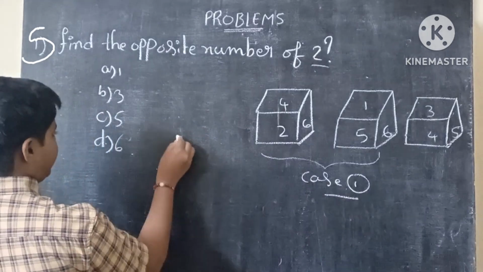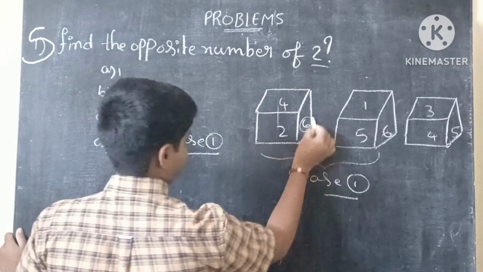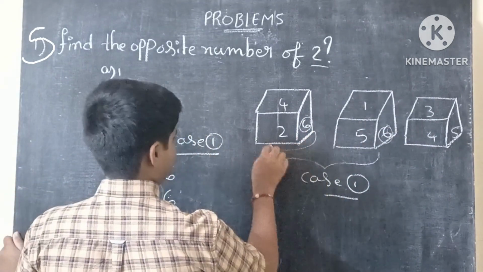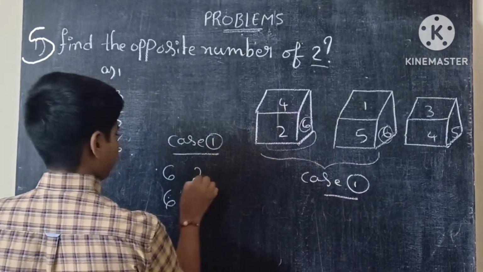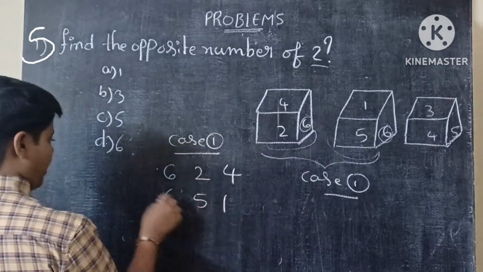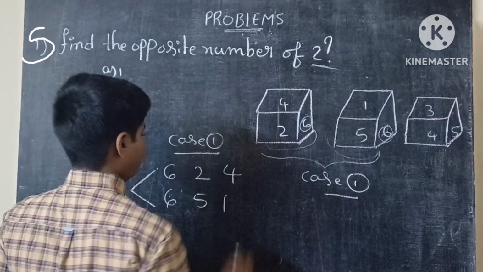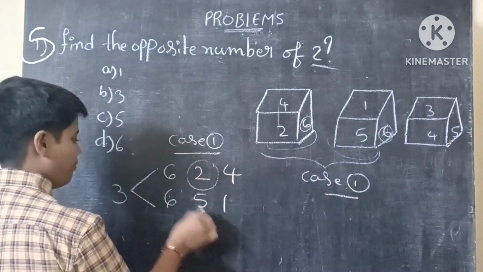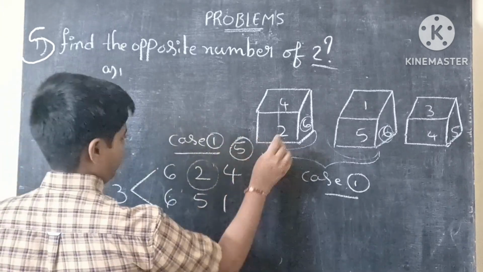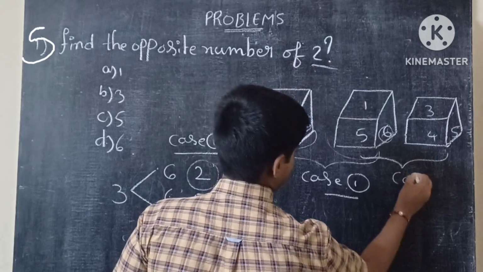Here we have to find the opposite number of 2, and they gave 3 dice. I am taking the first 2 dice as case 1. In case 1, the common number is 6, so write 6, 6, and the clockwise numbers 6, 2, 4 and 6, 5, 1, and the remaining number is 3. Here the opposite number of 2 means 5. So take 5 as the opposite number of 2 in the first case.